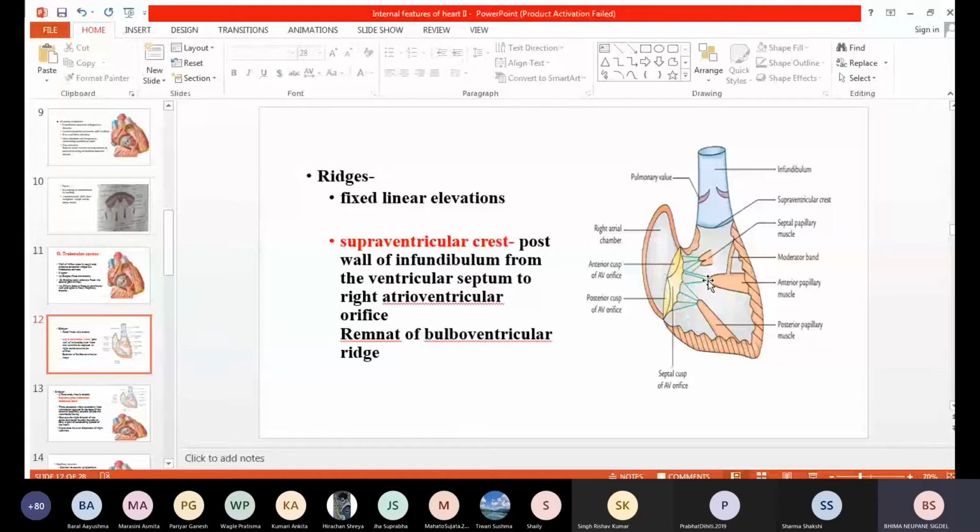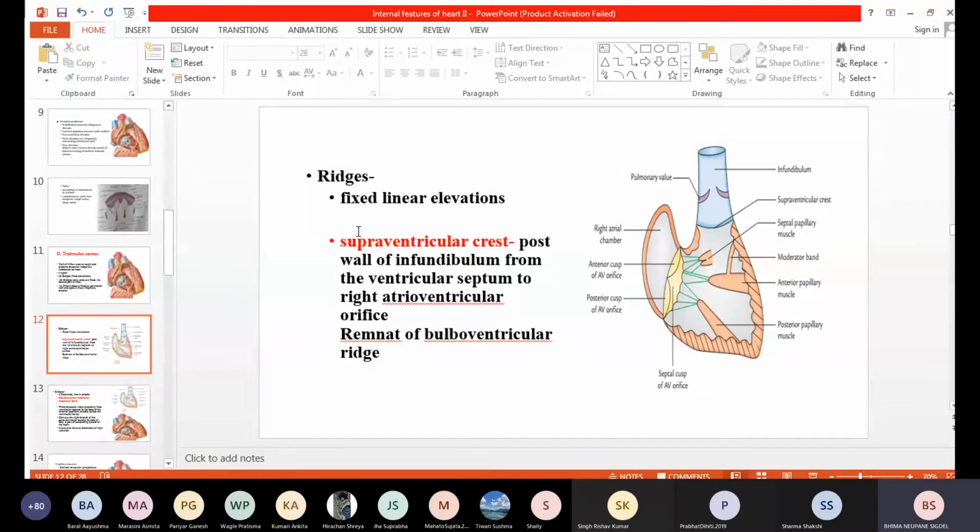There are so many ridges, but one very important ridge that we can see on the wall of the ventricle is also known as the specially noted ridge, the supraventricular crest.